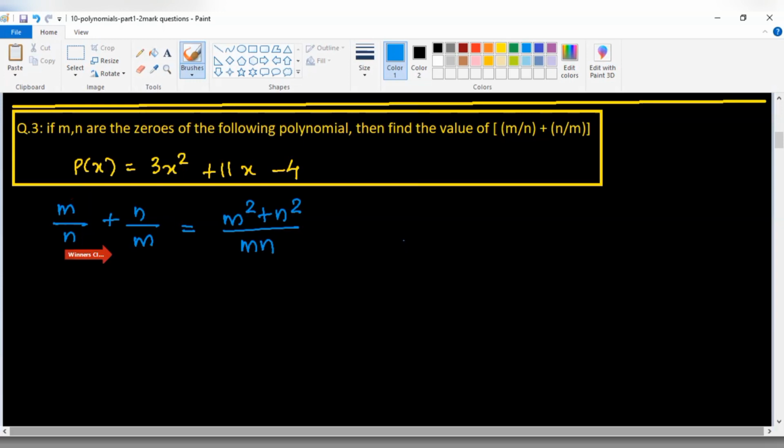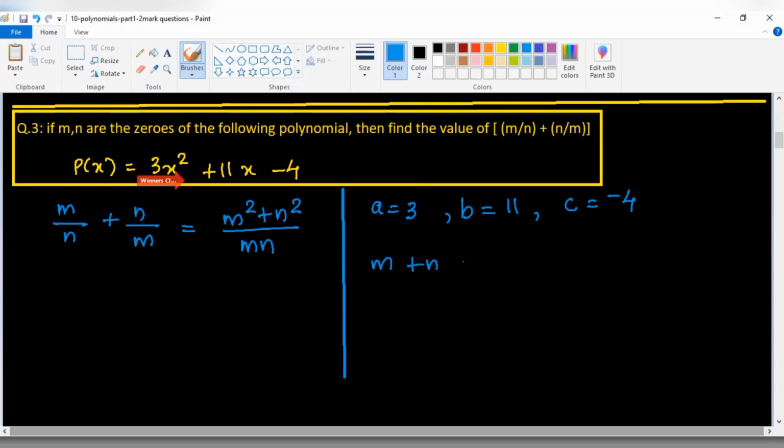Let it be there, because what we have to find is this, and what is given, we know, is this expression, and from here in place of a we have 3, in place of b we have 11, and in place of c we have negative 4. So m and n are the zeros of the polynomial. Sum of the zeros m plus n, alpha plus beta, is minus b by a, and here it is minus 11 by 3.